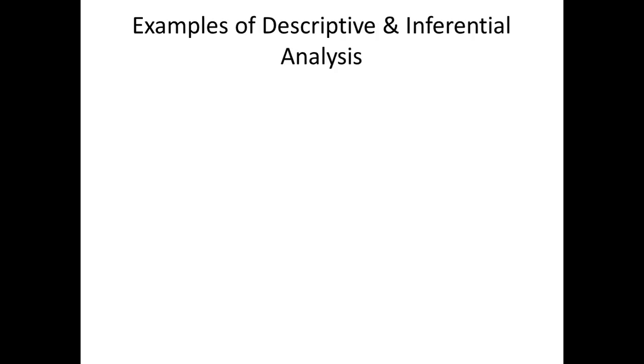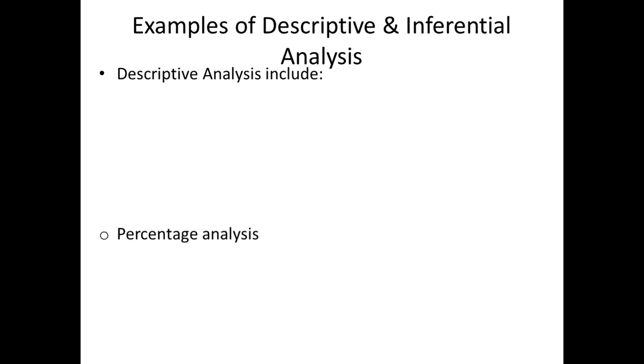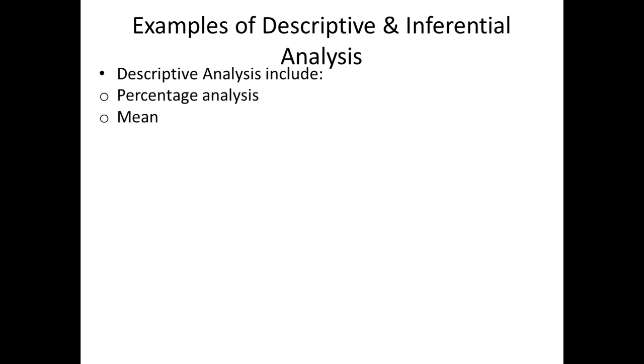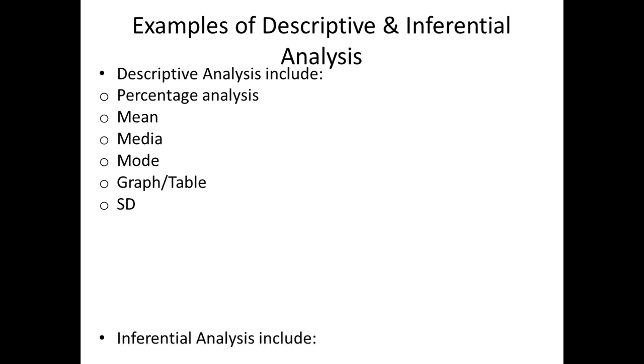Take note. So we all know that descriptive statistics include the following: percentage analysis, mean, median, mode, average. You want to look at the average score, average inflation in Nigeria, or average number of people that fall into poverty, right? Whether they are 50 or 30. Those are descriptive issues. Graphs, tables, standard deviation, variances. These are all things that fall under descriptive analysis, right?